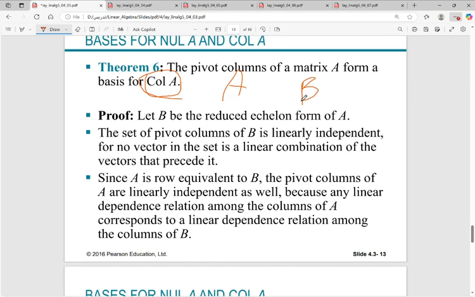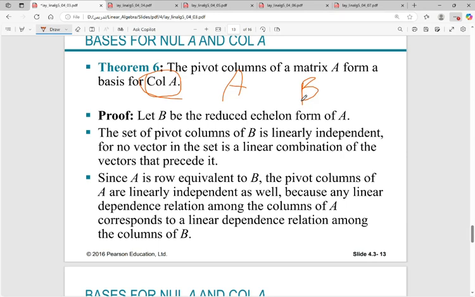So in matrix B, you can see which columns are pivot and which are non-pivot, right? In echelon form, you can see which columns are pivot and which columns are not pivot. So for those columns that are pivot, you write their number, their index.